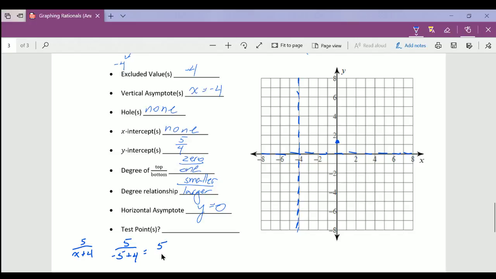That'll be 5 over -1. In other words, -5. So the ordered pair -5, -5 is part of this graph. There we go. All right, so we'll put one bit of L there. Boy, that looks terrible. And we'll put another one kind of sort of here. That looks mildly less terrible.